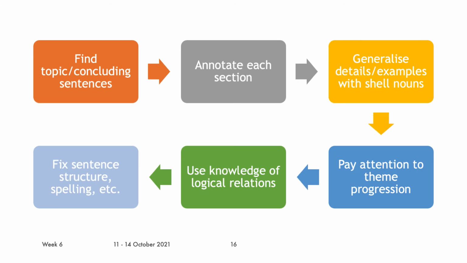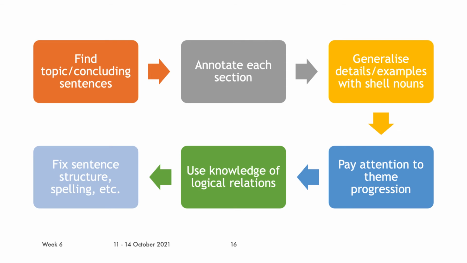In other words, you will first find the main ideas from the topic and concluding sentences, and you may want to take notes again, and then you will want to generalize details or examples with shell nouns. Remember, you are not going to keep the specific details or examples in your summary text. And then you pay attention to the cohesion of the paragraphs or among sentences.